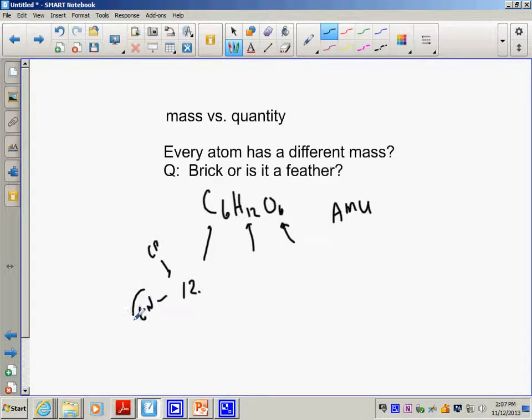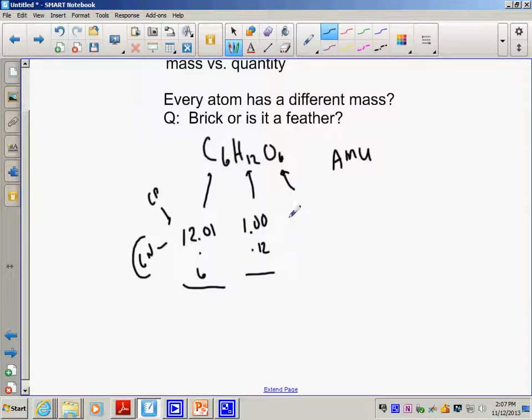Of course, we know the number of neutrons can vary, so they say 12.01 takes into account some of the average, that some are a little heavier, some are a little lighter. Then we're going to multiply that times 6 to get the total mass of all the carbons inside that particular molecule. And then this guy is 1.00 times 12 for a grand total for all the mass attributed to the hydrogen. And then the oxygen is 15.99, and for simplicity's sake, I am going to use 16.